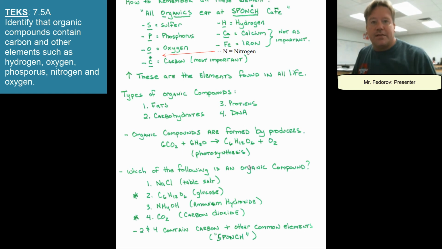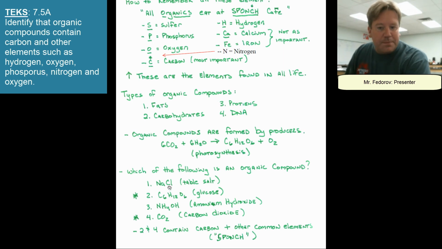So the last thing I want to talk about here is which of the following is an organic compound. We're taking a look at these various compounds down here and which ones are considered organic compounds. So we're going to start first with sodium chloride. The chemical symbol for sodium chloride is NaCl.